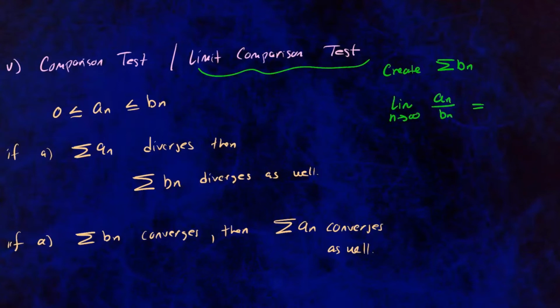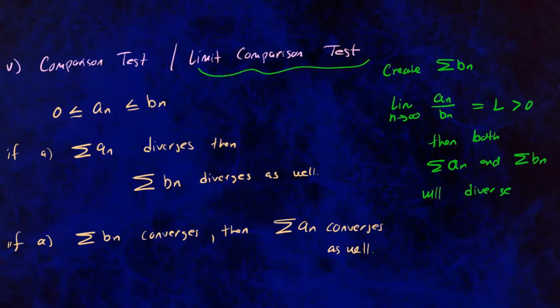If this is a value L, which is greater than 0, a positive real number, then both series, b_n and a_n, will diverge together or converge together. So they will both diverge or converge together. So that's how you apply the limit comparison test.